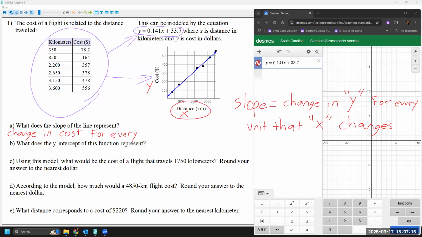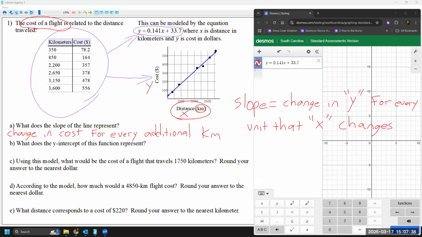Well, again, x is distance and specifically is measured in kilometers. So for every additional kilometer. Now, additional kilometer, what? What is this talking about? Well, it's talking about the cost of a flight.